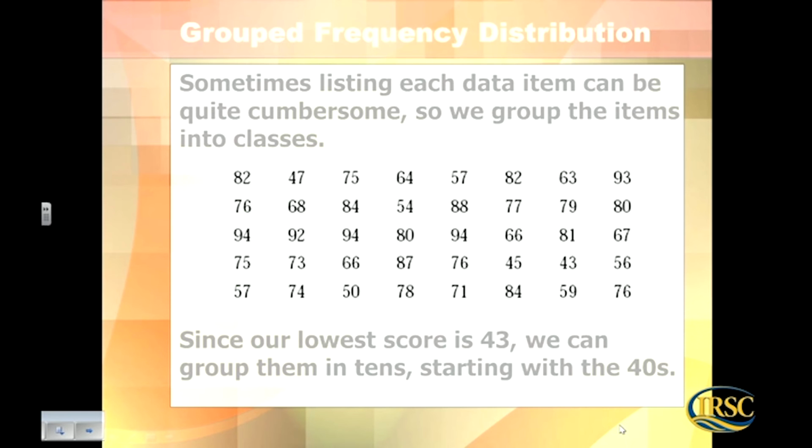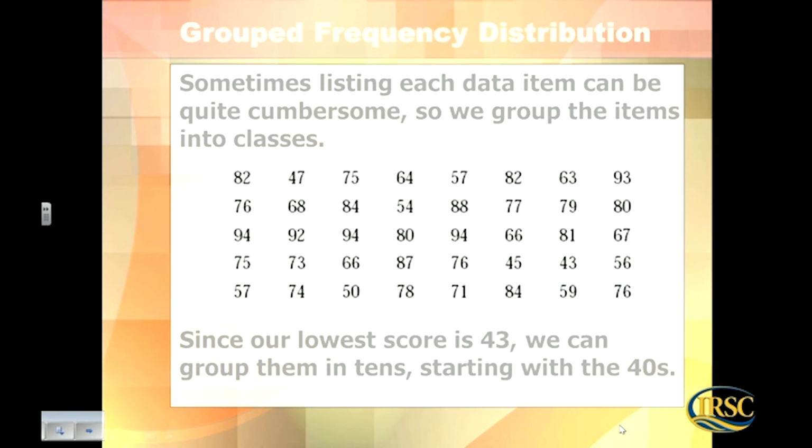So in other words, since our lowest score is 43 and our highest is in the 90s, we can group them by tens and start with the 40s. So at the top we would have 40 through 49, those would be the 40s. And then the next class could be 50 through 59, and then 60 through 69, and so on.